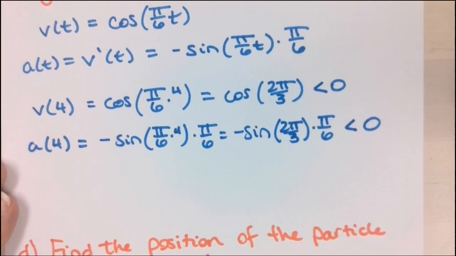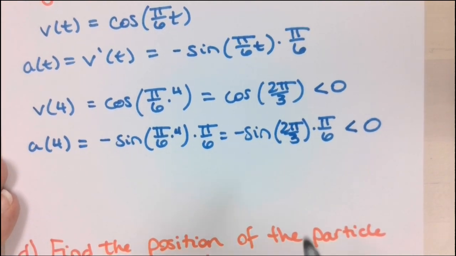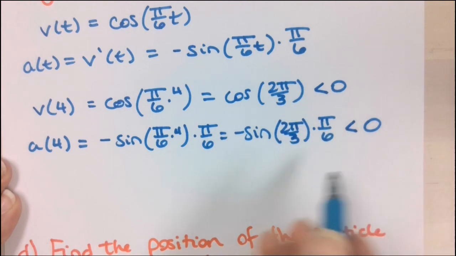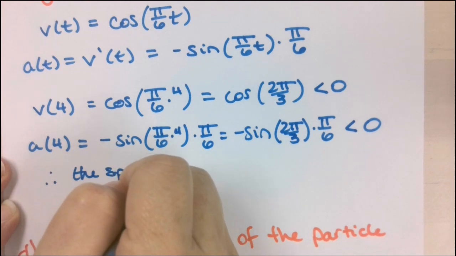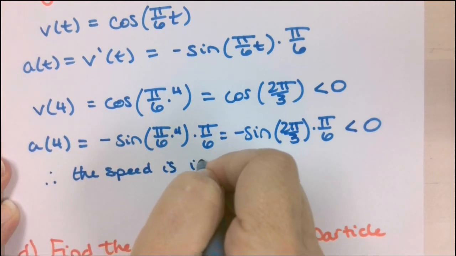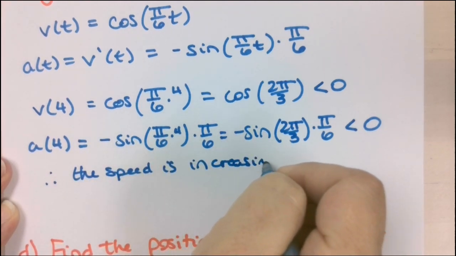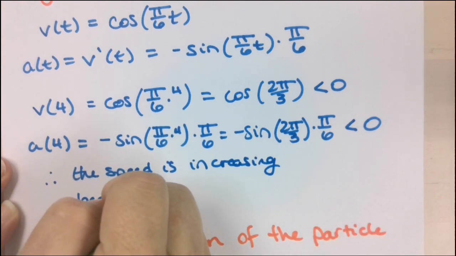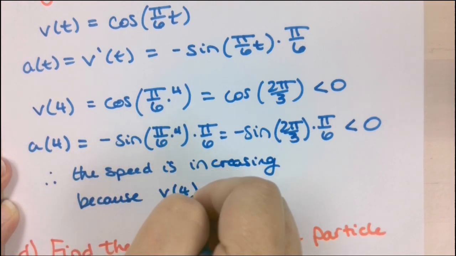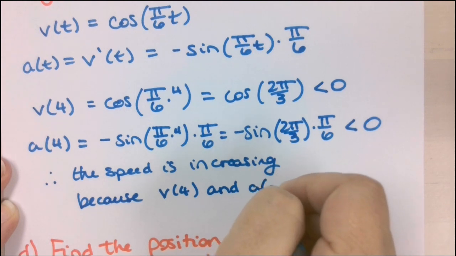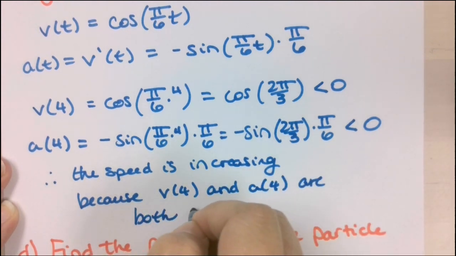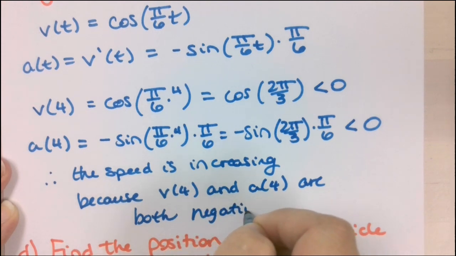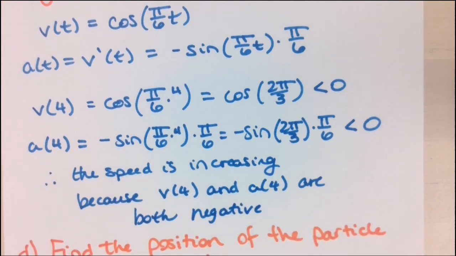Again, the value doesn't matter, it's just the sign that matters. Since they are both negative, therefore the speed is increasing because v of 4 and a of 4 are both negative. Or you could say both have the same sign, both are less than 0, any of those things.